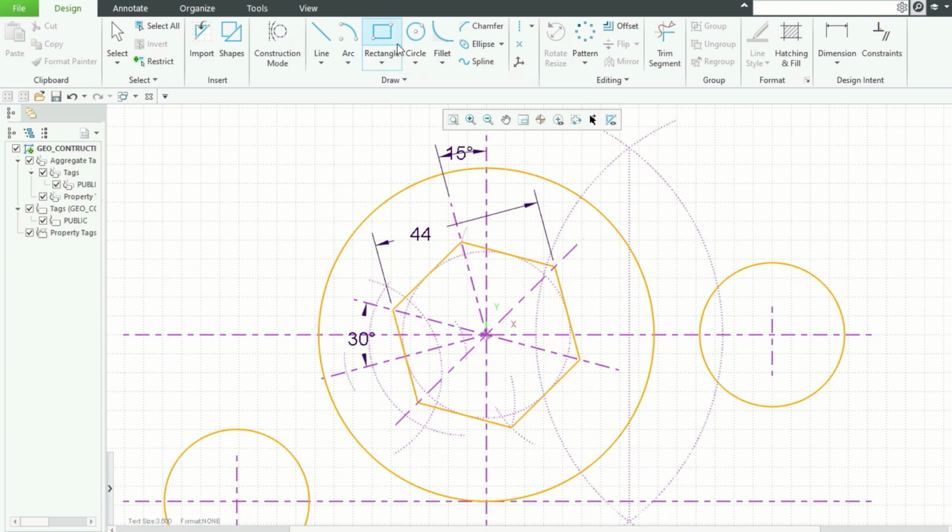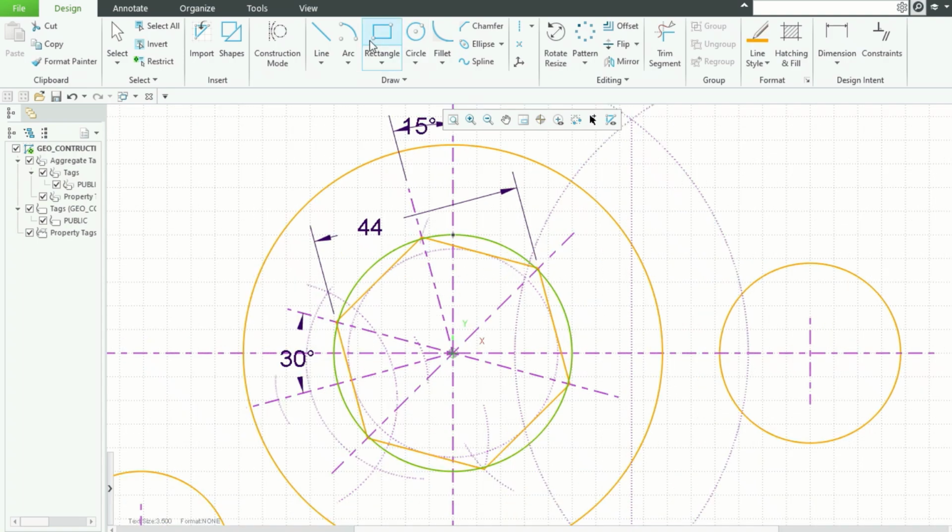Now let's draw a circle of radius 44 minus 19, it's 25. By taking this as a center point and this as a radius, let's intersect here.